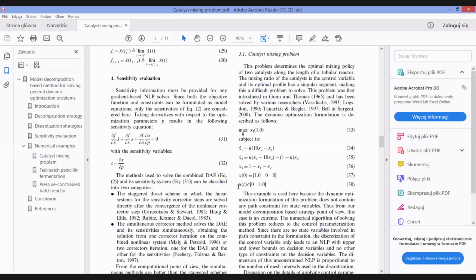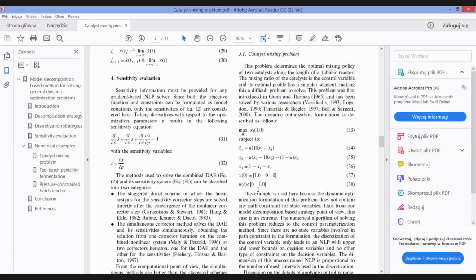This function can be varying during the time, but now I would like you to assume that the control function u is constant in time.